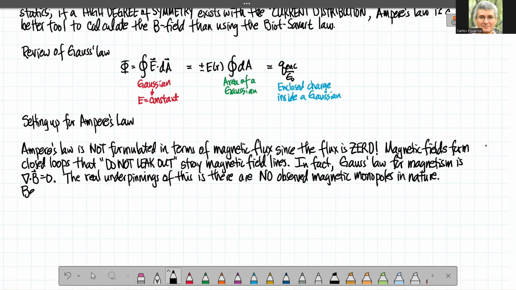So because magnetic fields close into themselves, once again, they form closed loops.